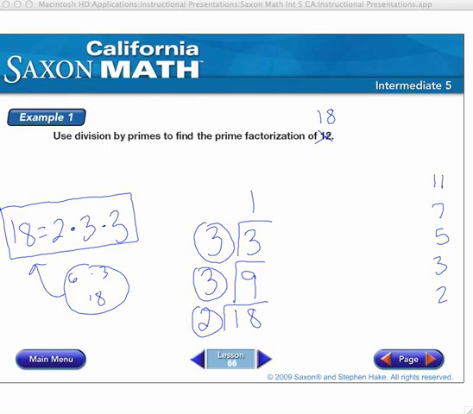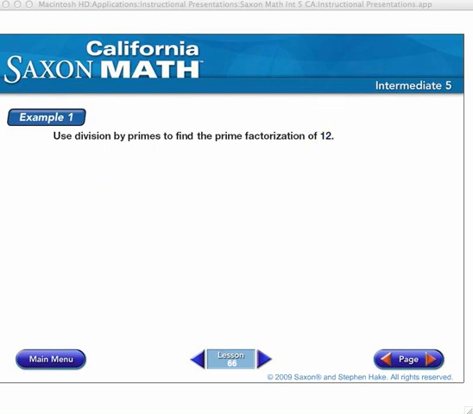Okay, let's do one more division by primes just to really make sure that you've got it in your head. Let's take the number 24. Again, I'm going to write my first few primes, 2, 3, 5, and 7, as a quick reference list. I divide by my smallest prime. It's even, so I'm going to start with 2. 24 divided by 2 is 12. Divide that by its smallest prime, which is 2.